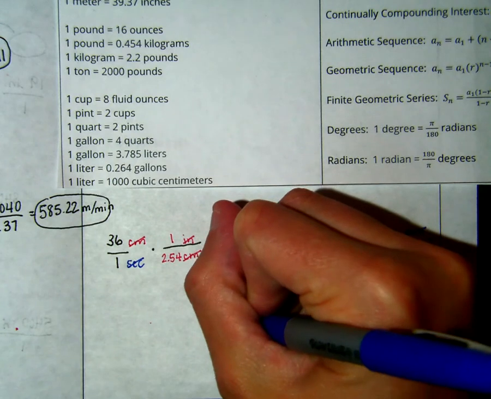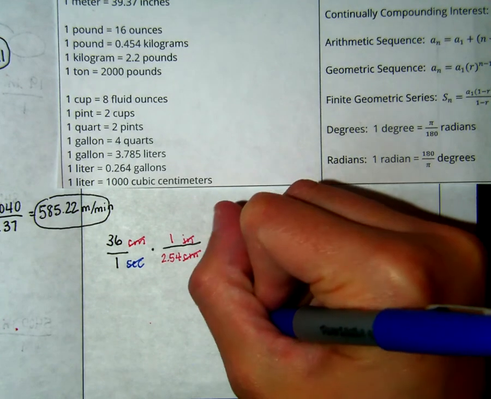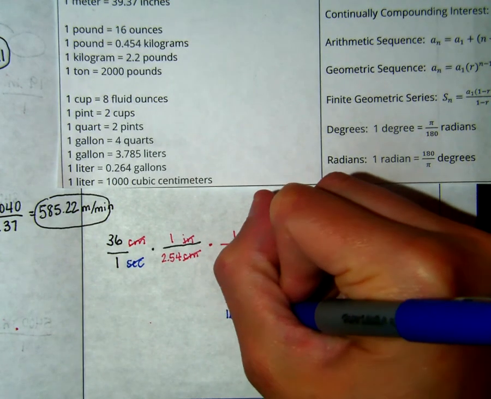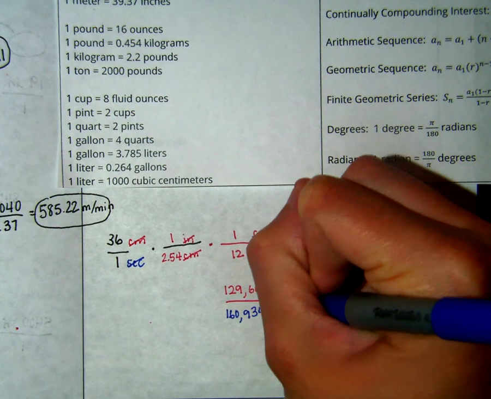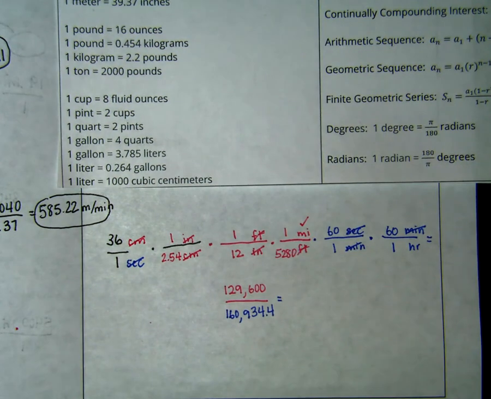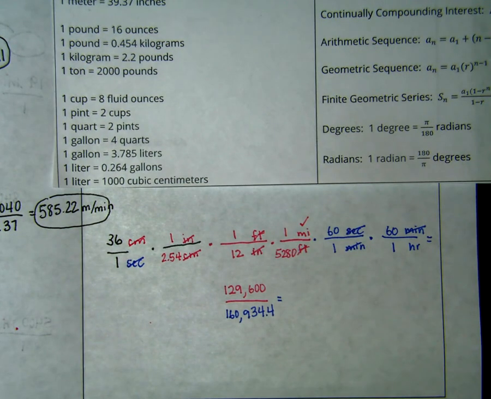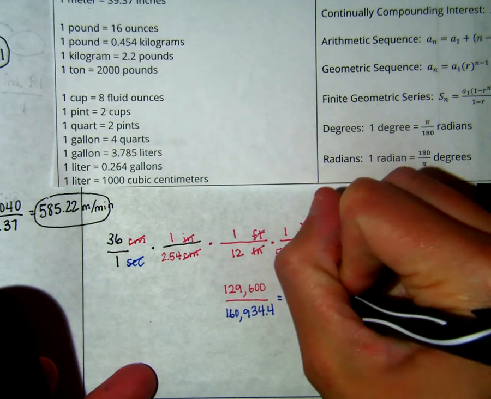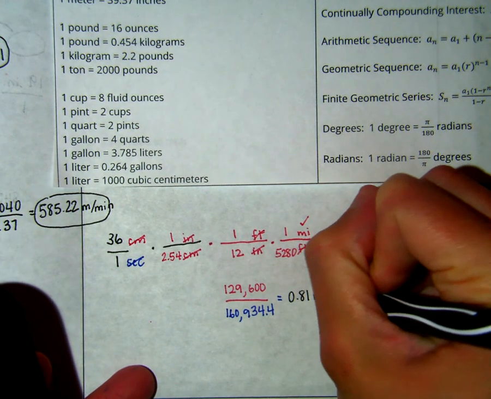Gives me 160,934.4. It might be a bigger decimal, but my calculator doesn't have any more room to give it to me. 129,600 divided by 160,934.4, that's a mouthful, is 0.81 miles per hour.